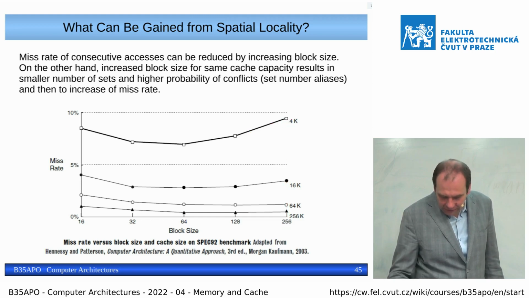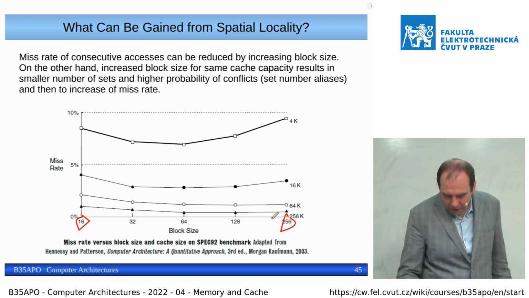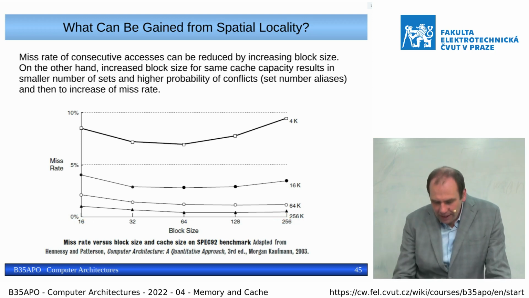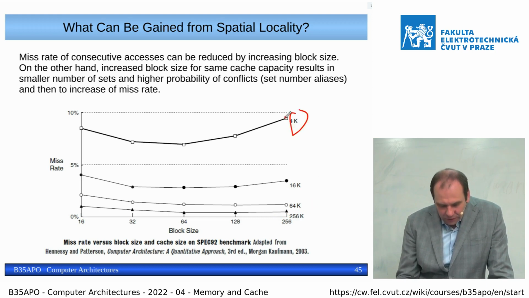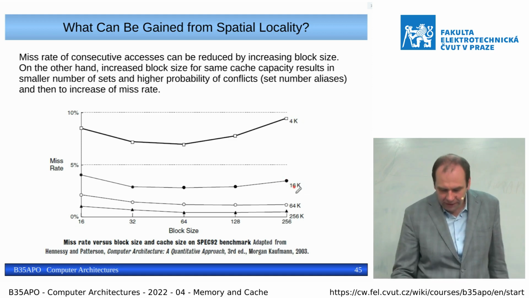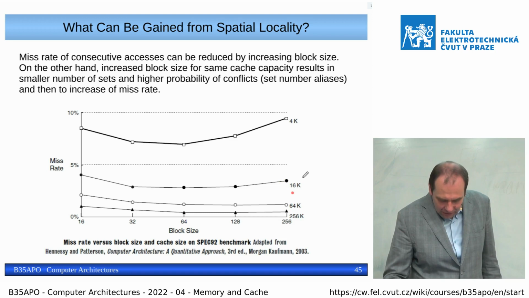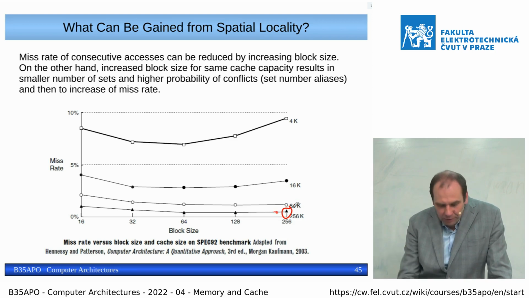So there is a graph where you have a block size from 16 to 256 bytes, and an analysis if you have 4 kilobytes of cache, 16 kilobytes, for sure 16 kilobytes is better, but the problem is that you cannot have, for example, at that time 256 kilobytes of fast cache. It would be the best, but the problem is that it is hard to implement.